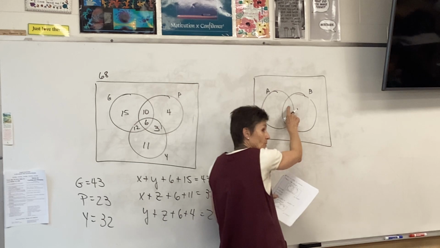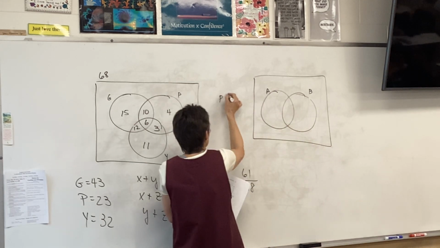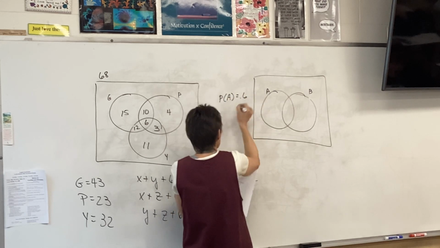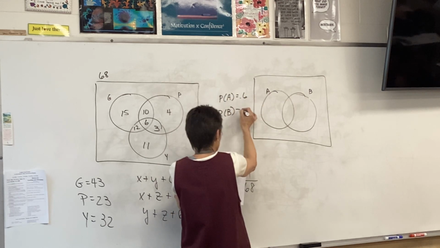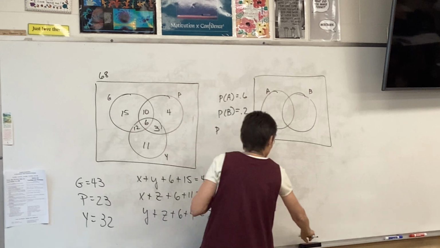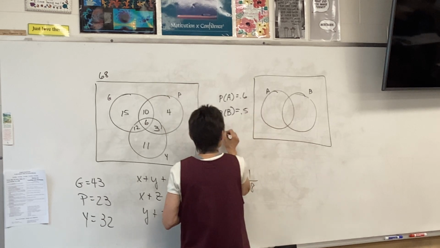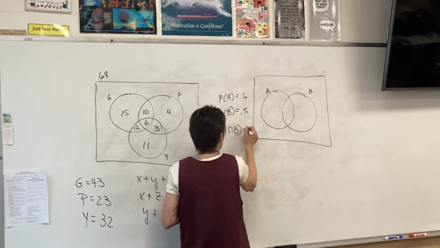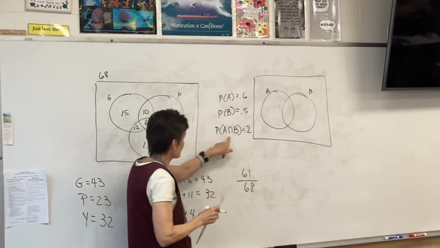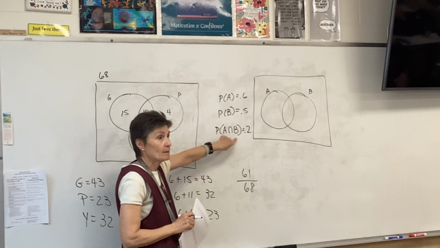The probability you like apples is 0.6. The probability you like bananas is 0.5. And the probability that you like both is 0.2.